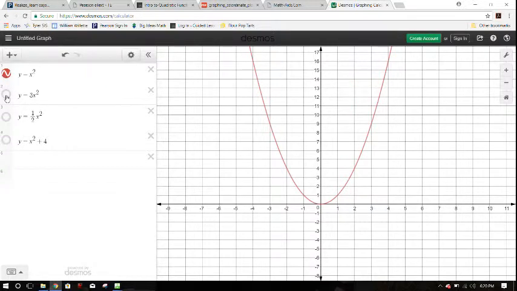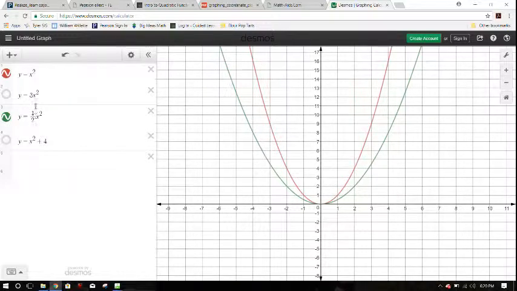If I were to graph y equals 3x squared, that's in blue. Notice how it goes up faster, right? So my parabola gets skinnier. Now what if instead of 3, I were to multiply it by 1/2? It gets wider. So it's not going up as fast.